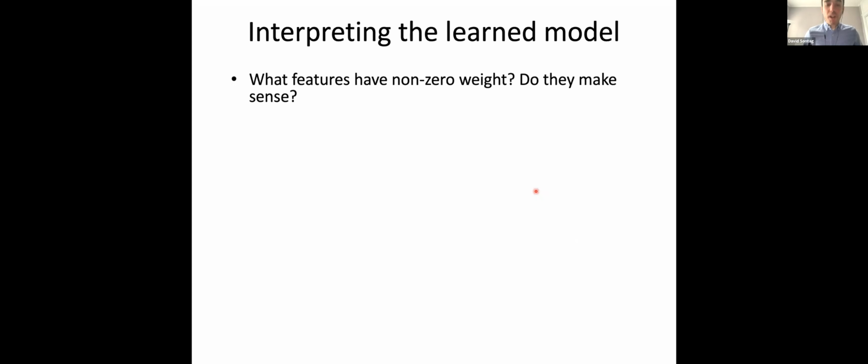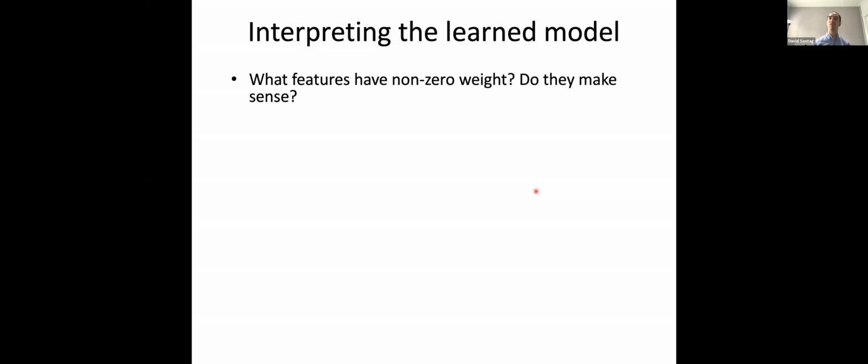Now, once one has learned the model, the next thing that we typically do is start looking at the model and trying to introspect: does it make sense? The reason this is so important is as a sanity check for whether we set up our problem appropriately. Often we will find, by inspecting the weight vector, errors in our machine learning formulation.